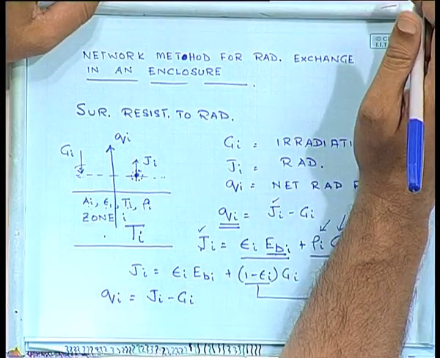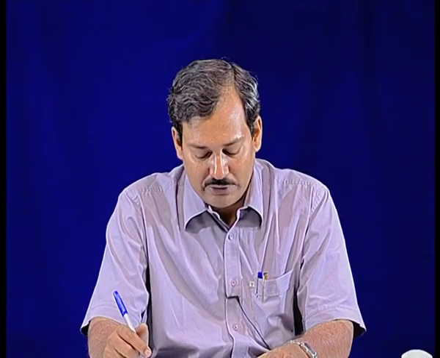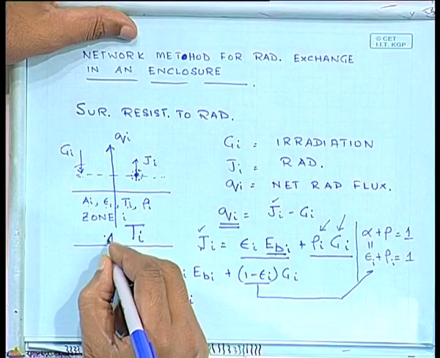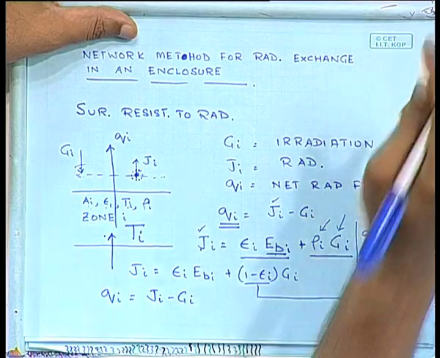I probably have drawn it in a different way, but my definition was that Qi is the energy that you have to supply to the surface to maintain its temperature at a constant value. So, Qi is more like this one that we have.